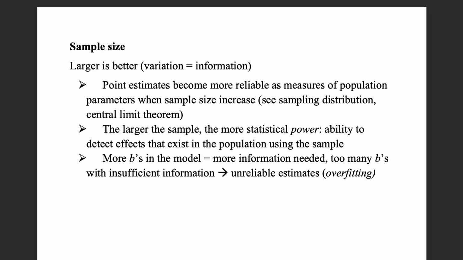It might even be the case that you start to get really bad estimates because you're basically asking more from your data in terms of coefficients than there is actually information in the data. And that can lead to a case of overfitting, where basically the values that you find for the coefficients aren't generalizable at all to the population anymore, but are just reflecting the sample that you happened to observe, with all the idiosyncratic properties of that sample. So that's the risk of overfitting.